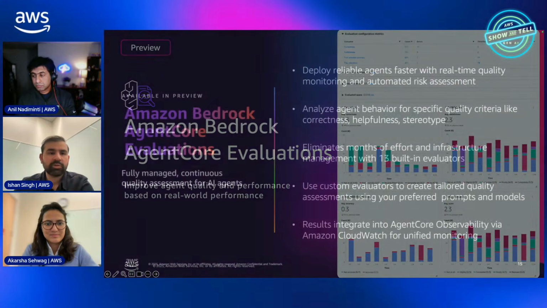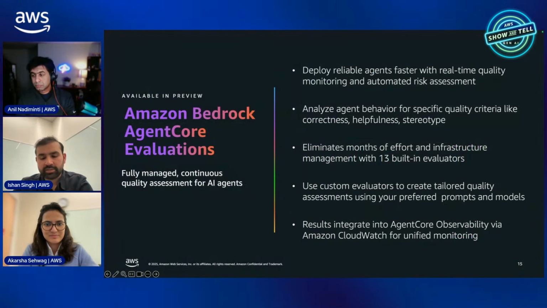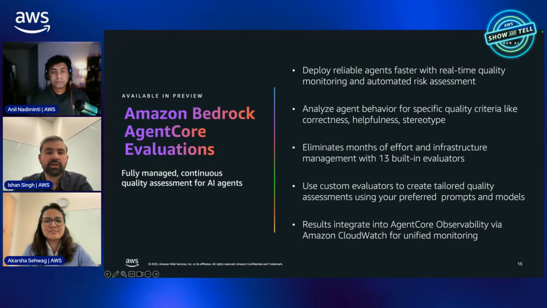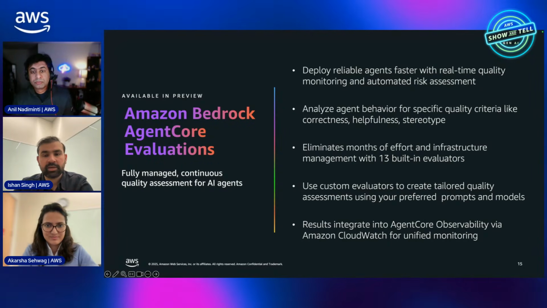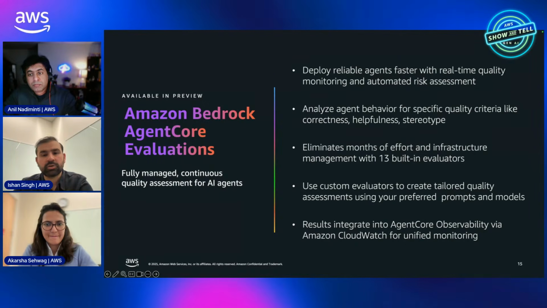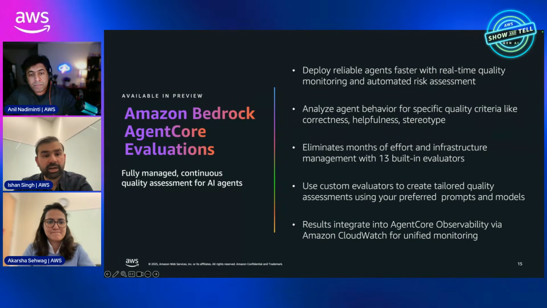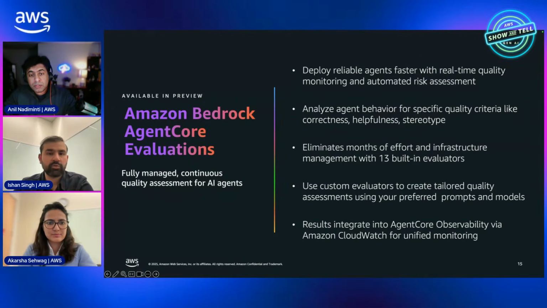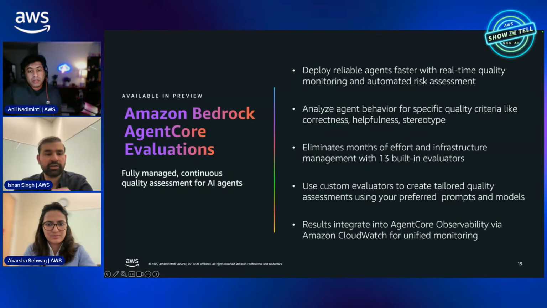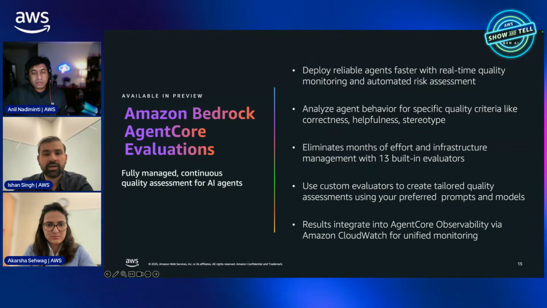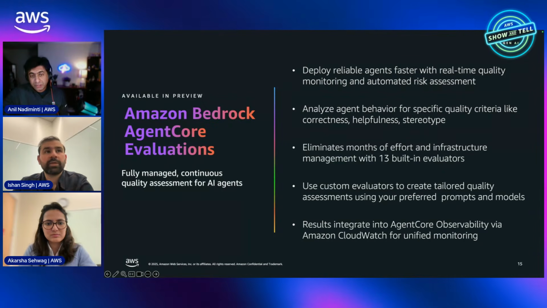Some of the quick features I want to cover today: first, there are 13 built-in evaluators, and these evaluators help you assess the performance of your agent across different dimensions and at different levels as well. We will look into what these 13 evaluators are and what I mean by different dimensions and levels in just a couple of slides. You can also build your own custom evaluators.